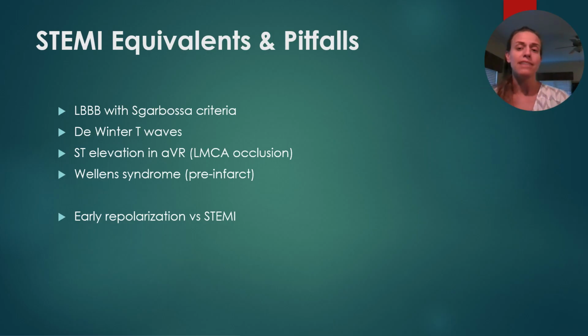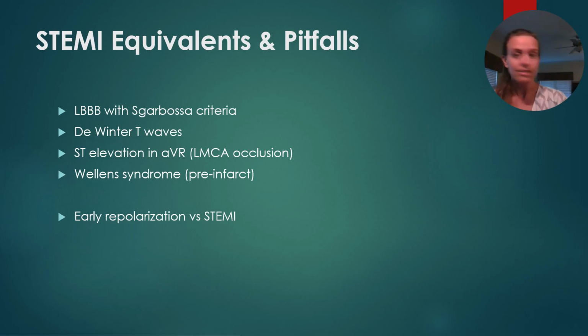They may not necessarily be having a STEMI in this instance. Now, if we're seeing widespread depression, but we are seeing that ST elevation in aVR, that specific pattern would suggest a left main coronary artery occlusion, okay, or what we call severe 3-vessel disease.